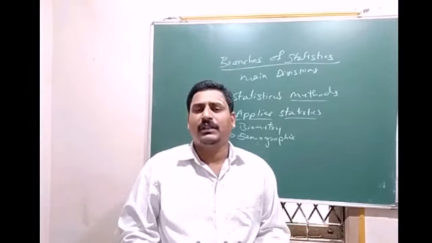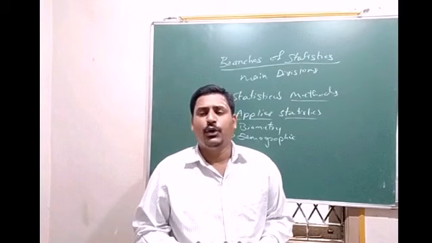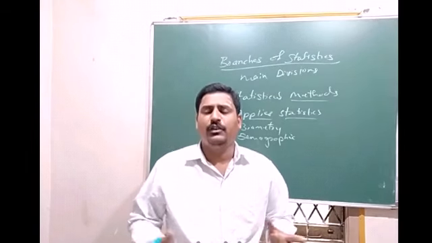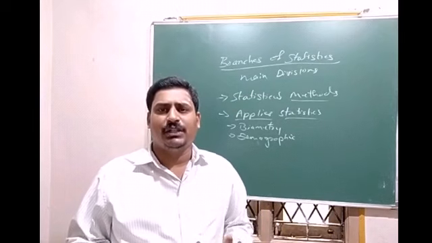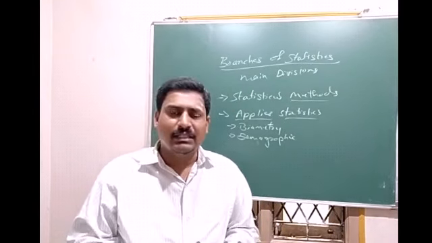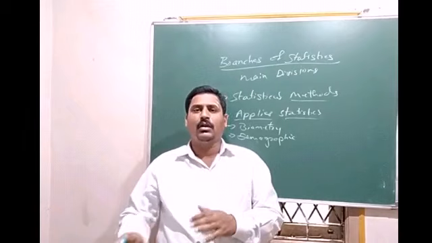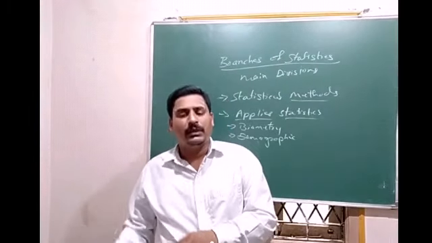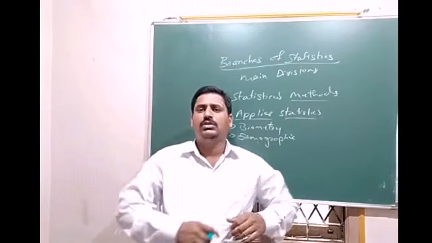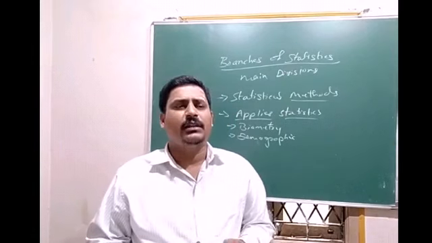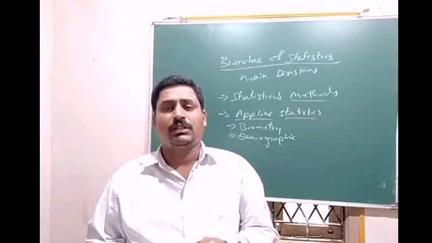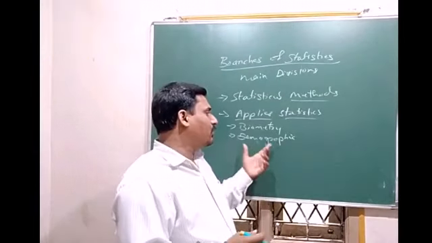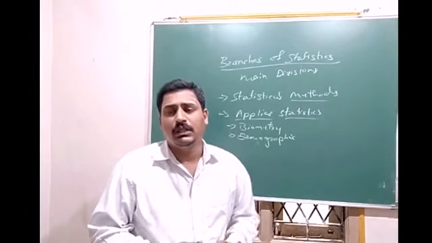Demographic study means the study of human beings, the pattern of human beings living in a society. It divides the human population into male, female, literates, illiterates, working, non-working, students, children, adults. So it divides the population into whatever kind we need. Then it studies the population. The study of population is what? Demography. There also we use statistics.